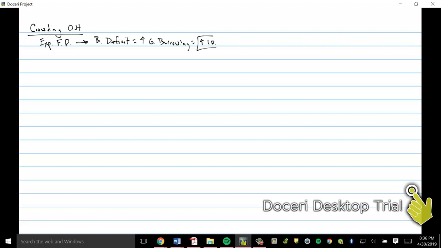So the key is knowing that an expansionary fiscal policy initiates this crowding out process because it causes interest rates to go up, and businesses don't want to borrow and spend. We have less business borrowing and spending, and that means that we have less capital, which lowers our growth.